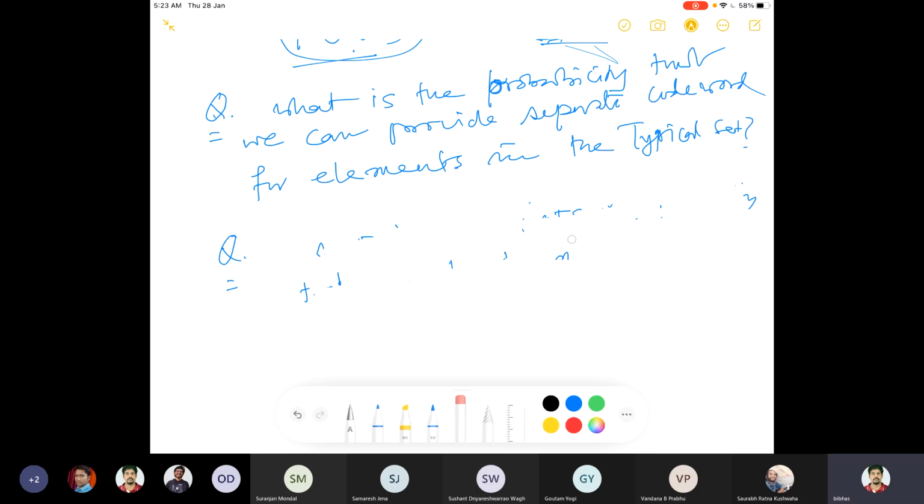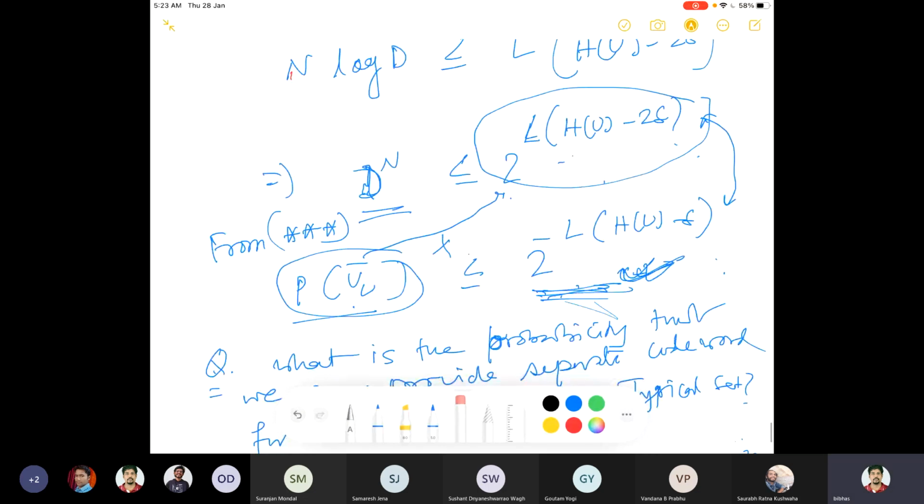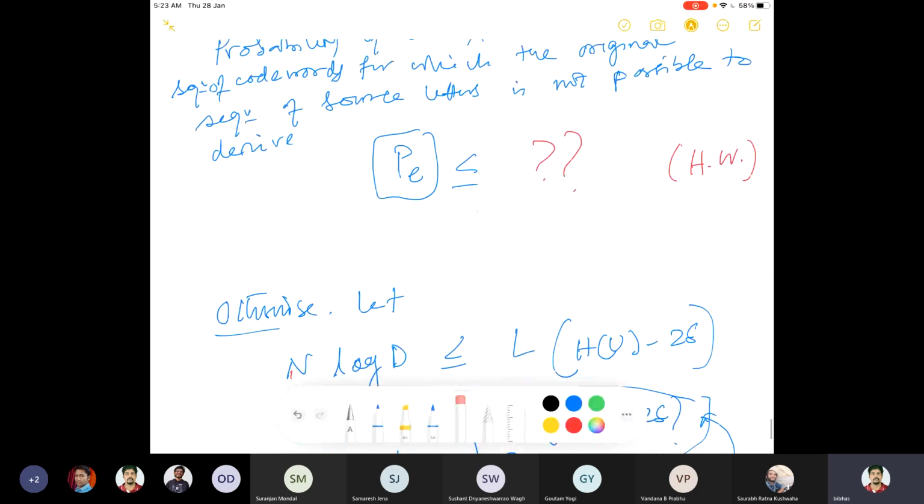This is the question which you want to address next day, as well as the question on the top. What is the error? Can I give a bound for this error probability?